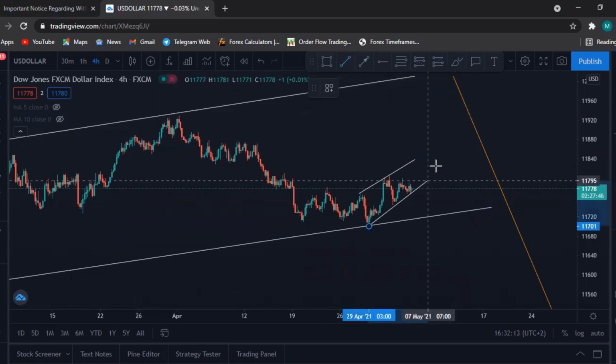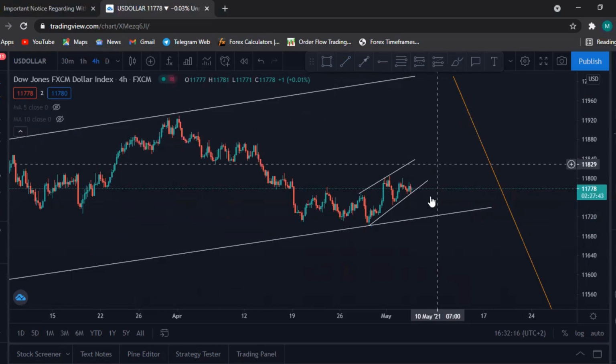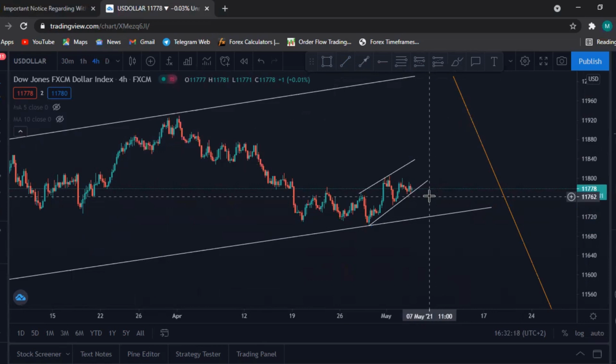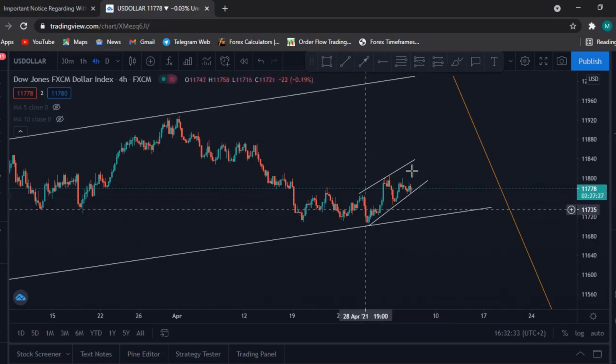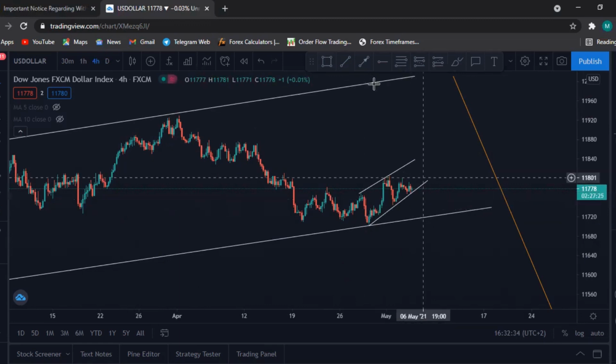Now, I'm sure by now you've realized that we use chart patterns, but we're primarily supply and demand traders. We just use chart patterns to add that extra confluence, and sometimes you get these sweet entries or sniper entries, if you may. So looking at this, we have this corrective structure, which means price still has to come down.